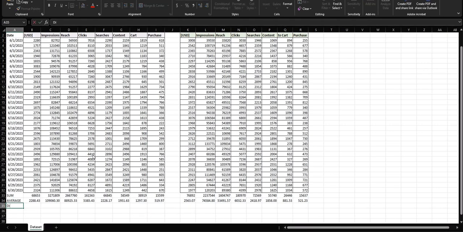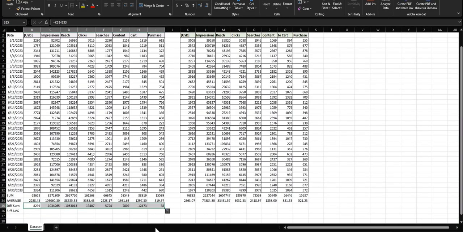So we'll call this diff sum and diff average. In that case, all I'm going to do is the simple difference: equals this number minus this number. Just like that.